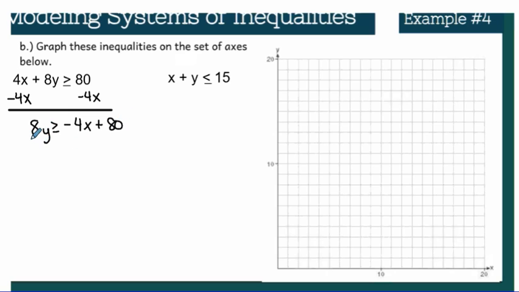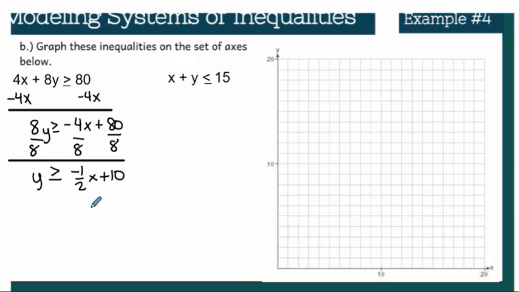The next step is to divide each term by 8. This will leave us with y is greater than or equal to negative 1 over 2x plus 10.